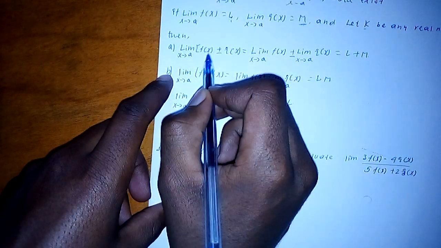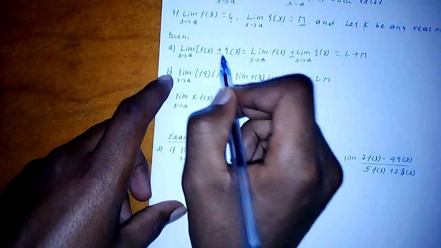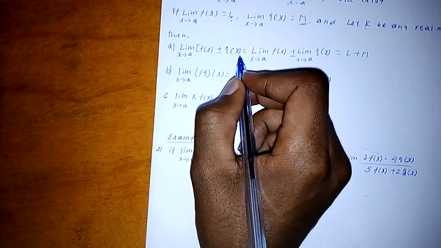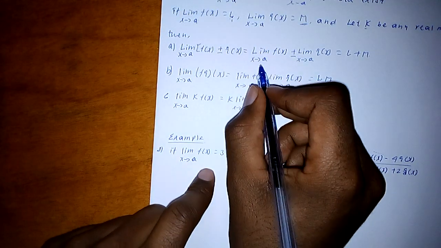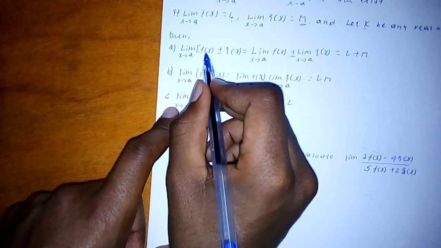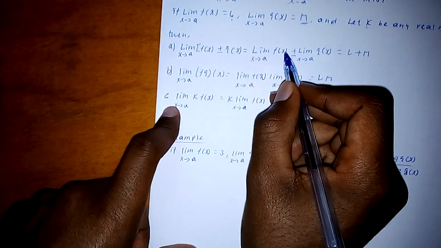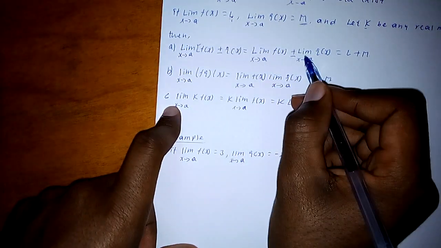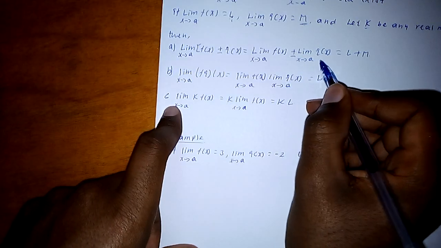The limit of f of x plus or minus g of x as x approaches a is equal to, this means limits at once, the limit of f of x plus or minus g of x is equal to the limit of f of x as x approaches a plus or minus the limit of g of x as x approaches a.